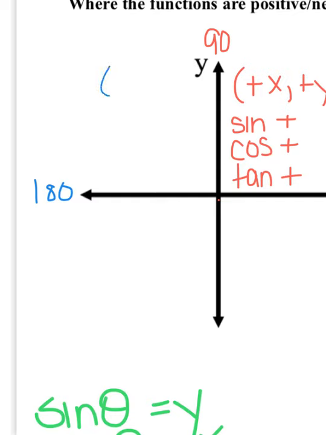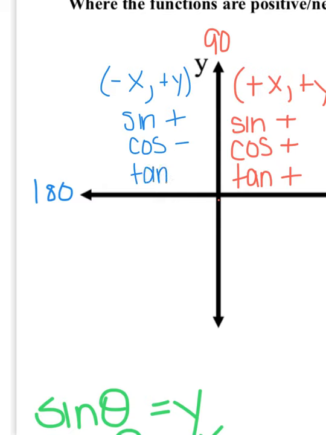So when you move to the left, you have negative x values and positive y values. That means that the sine of theta in quadrant 2, sine is y, is positive. Cosine of theta in quadrant 2, cosine's the x, is negative. Tangent would be y divided by x, or a positive divided by a negative is a negative.